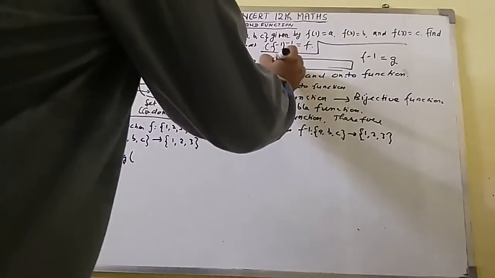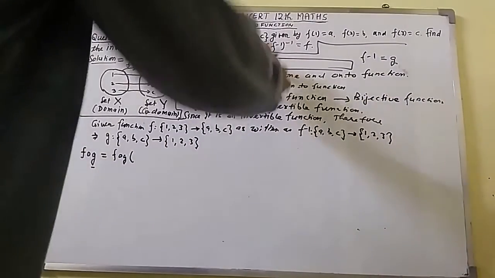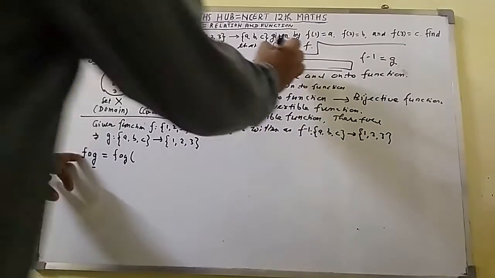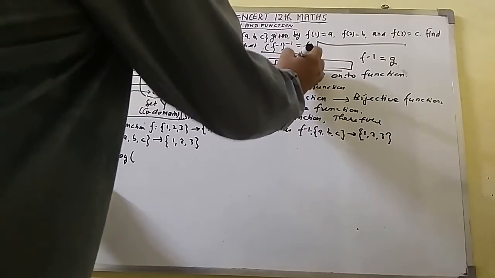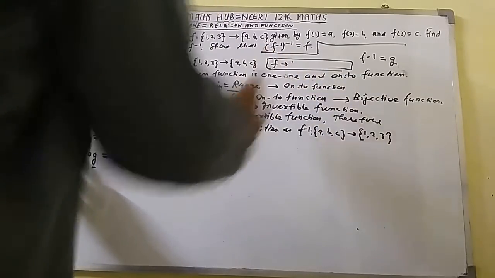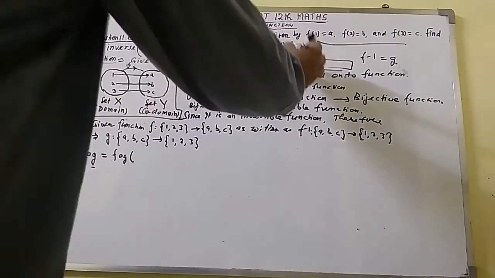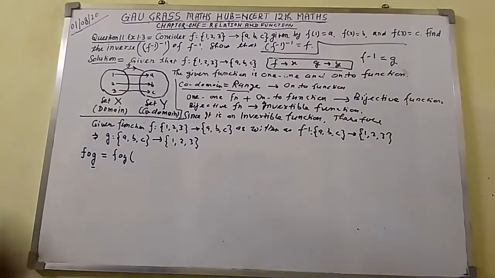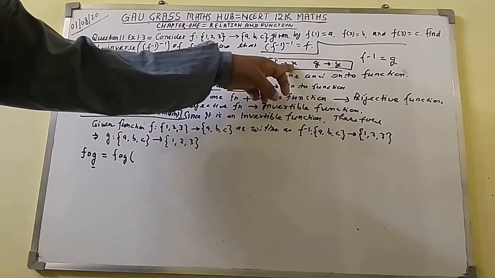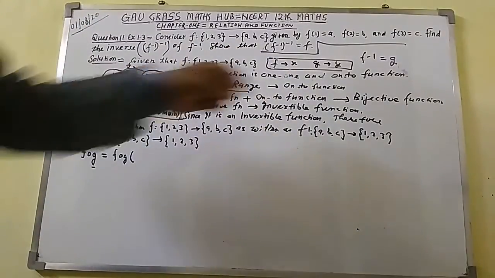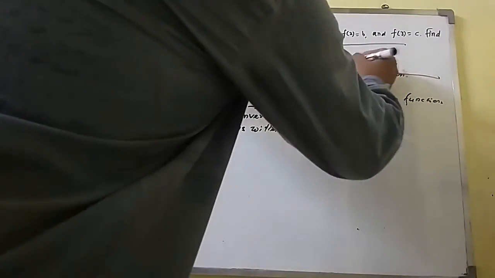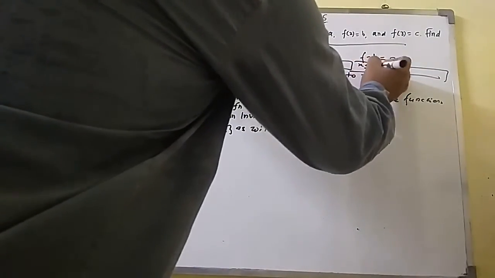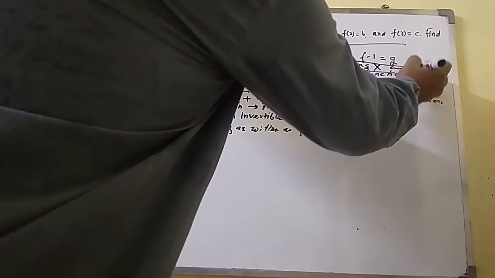This is the formula: F goes to X and G goes to Y. This X is an element of the domain, where you can write further: small x is an element of capital X and small y is an element of capital Y.